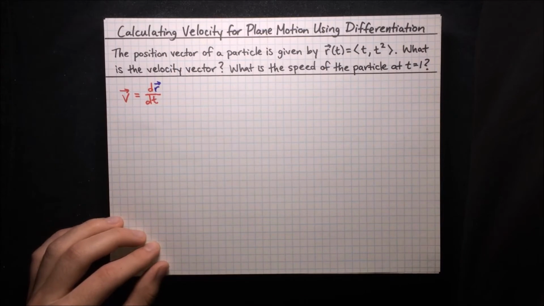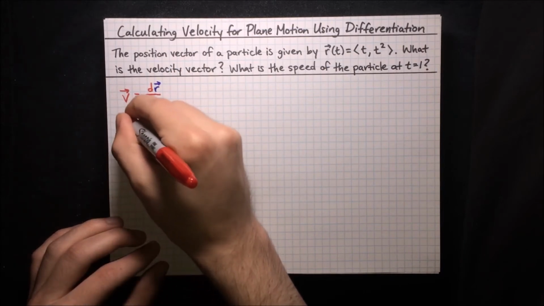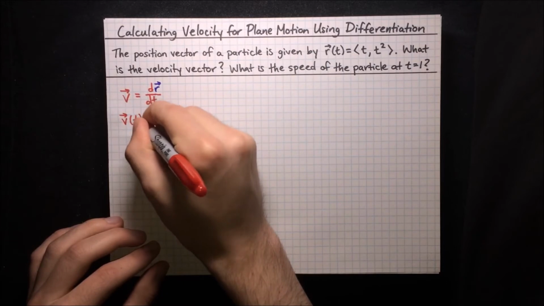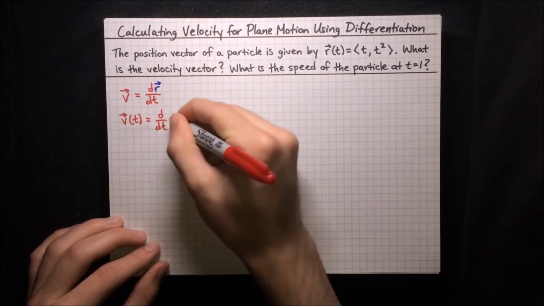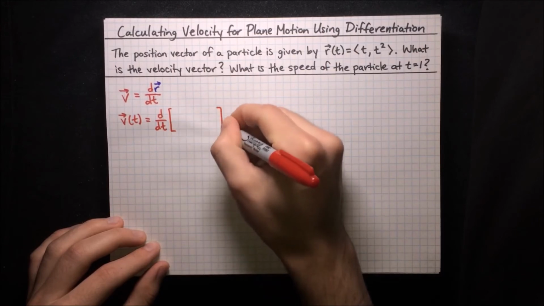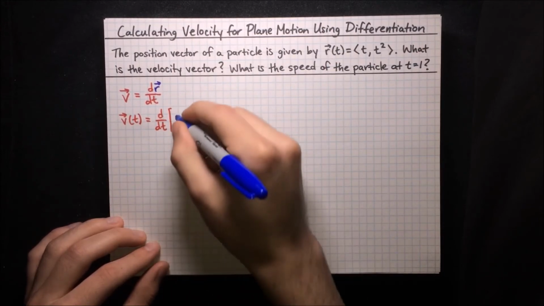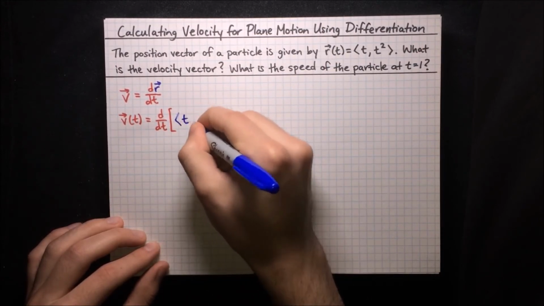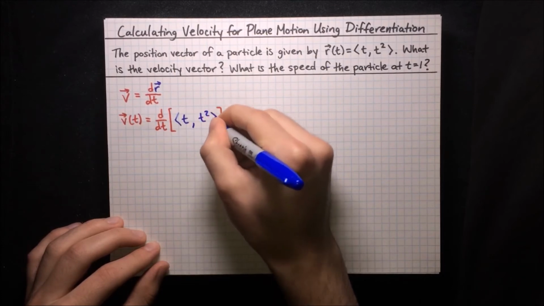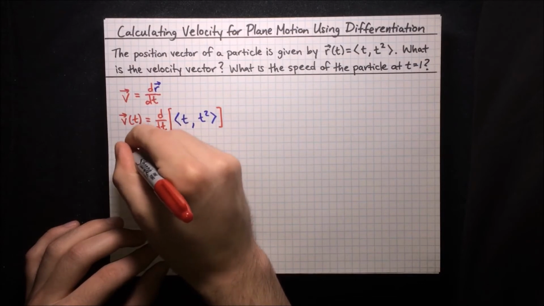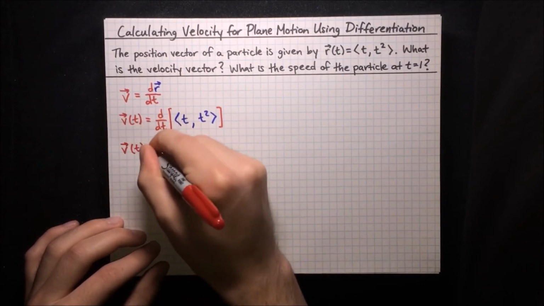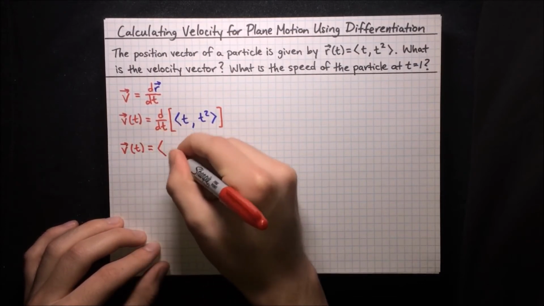And the position vector is a function of time, so that means so is the velocity vector. So velocity at a particular time t is the derivative of the position vector at a point t. And the position vector, we're told, is just t, t squared as its x and y components. And what it means to differentiate this vector is really just to take the derivative of each component separately.